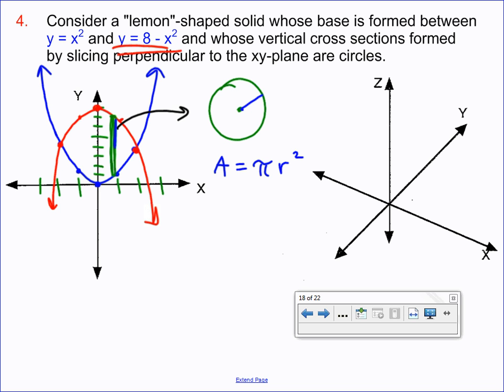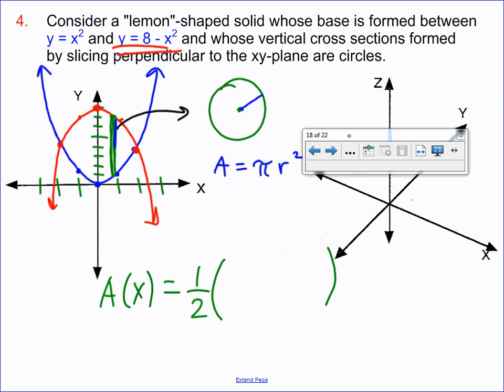Ready? A of x is going to be 1/2 of red minus blue. Red was 8 minus x squared, minus blue curve, which was x squared.